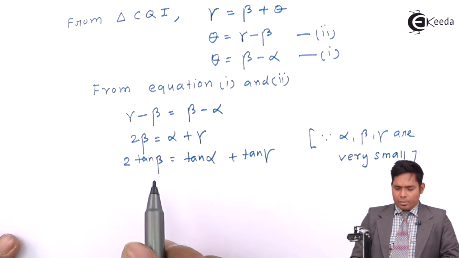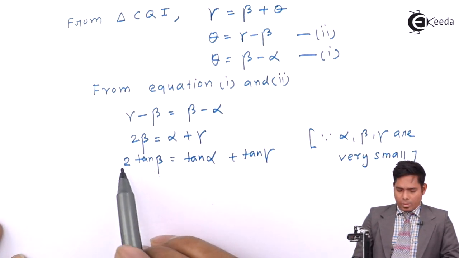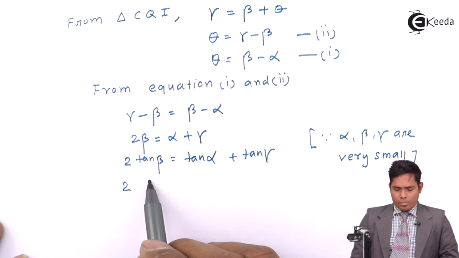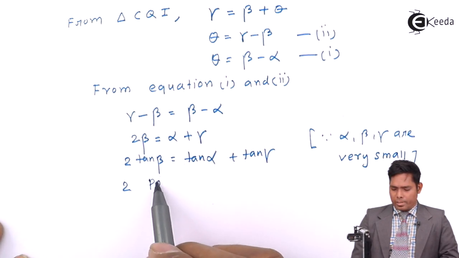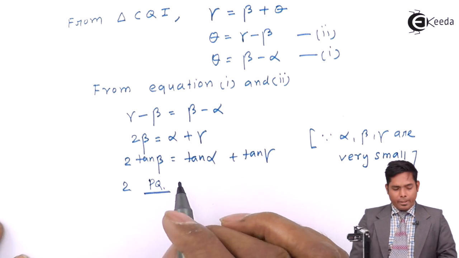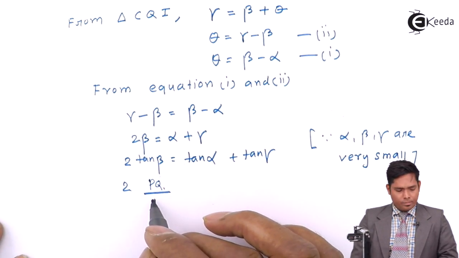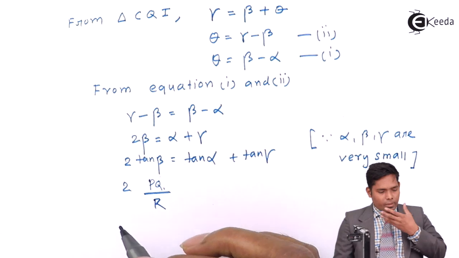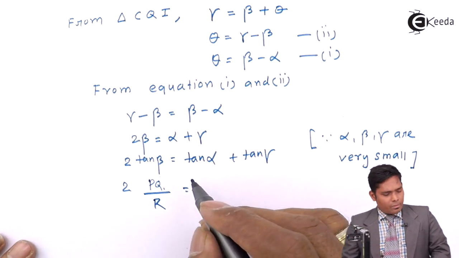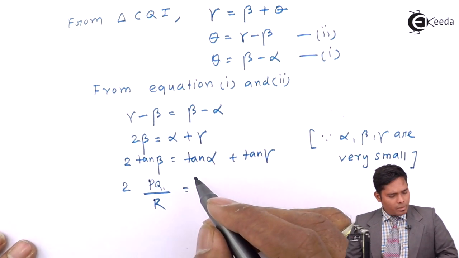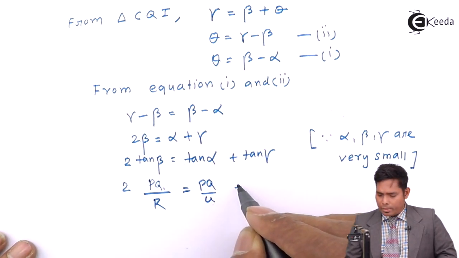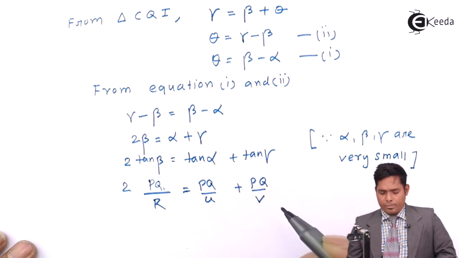Now using the triangle, tan beta will be PQ, almost a straight line, so PQ divided by R. Now similarly, tan alpha will be PQ divided by U, and tan gamma is PQ divided by V.